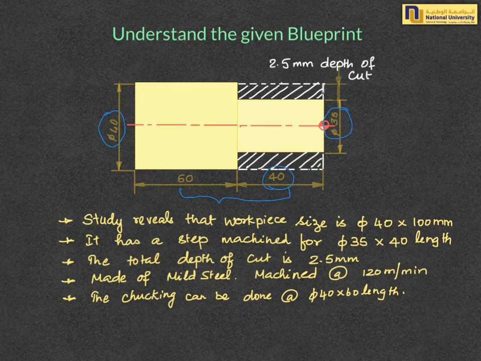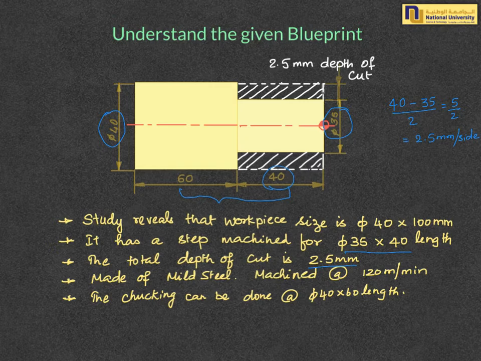So it has a step machined for 35 by 40 length. The total depth of cut is 2.5 millimeter. This is achieved by (40 minus 35) over 2 for one side, which is equal to 5 by 2 equals 2.5 mm per side.